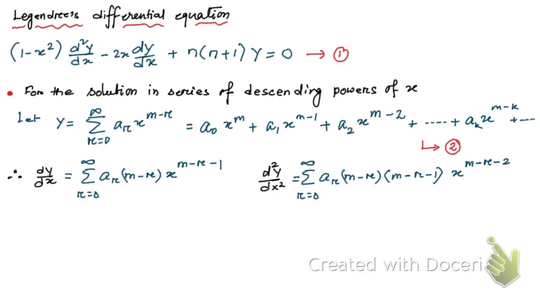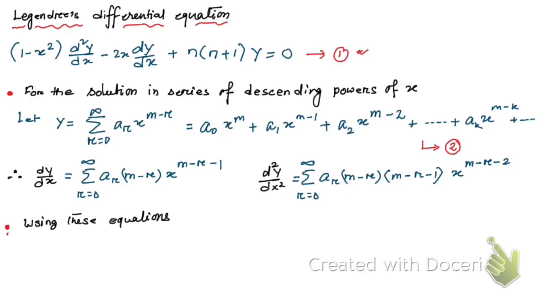So now let me use these results in equation number 1. If we put the values of y, dy by dx and the second order derivative of y with respect to x in equation number 1, then what we're gonna have. So now you see what I'm gonna do here.